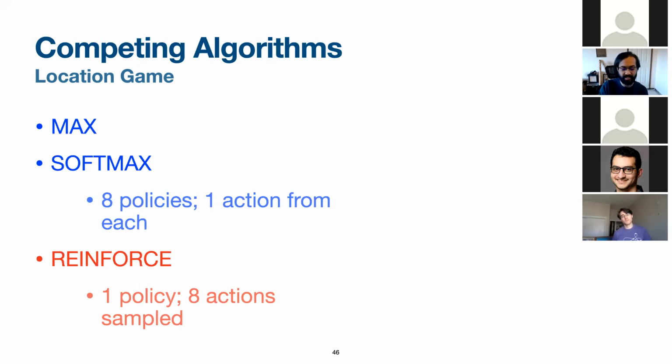We compare against max and softmax learning objectives. Each of these objectives train a model to produce 8 policies from which we sample 1 action. We also compare against reinforce. Reinforce trains a single policy from which we sample 8 actions.